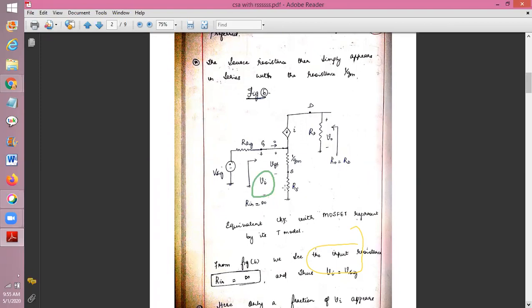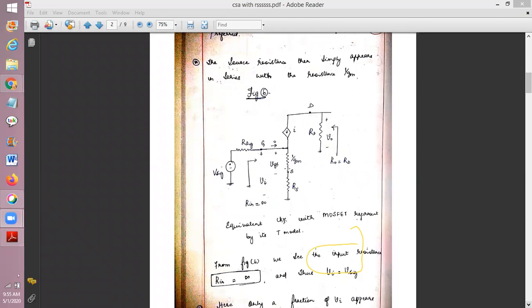To find the current flowing through 1 by Gm and Rs, it is Vi divided by 1 by Gm plus Rs. The current I is given by Vi divided by 1 by Gm plus Rs. So that is the current.